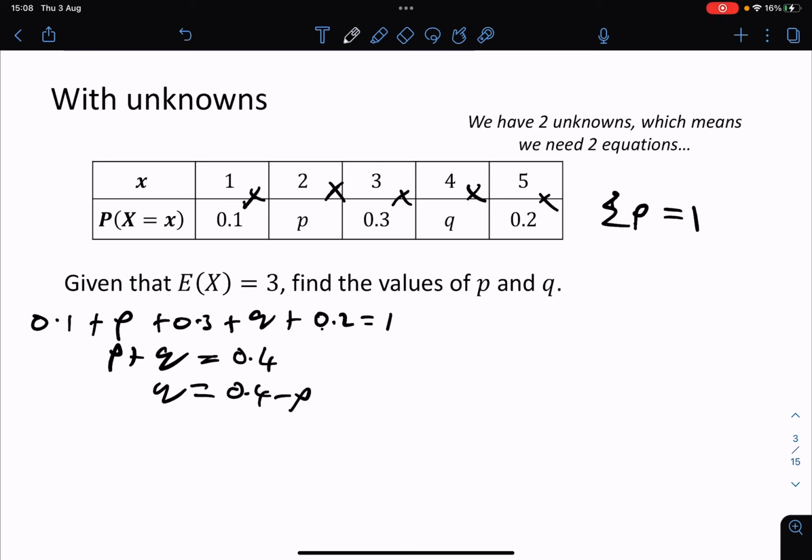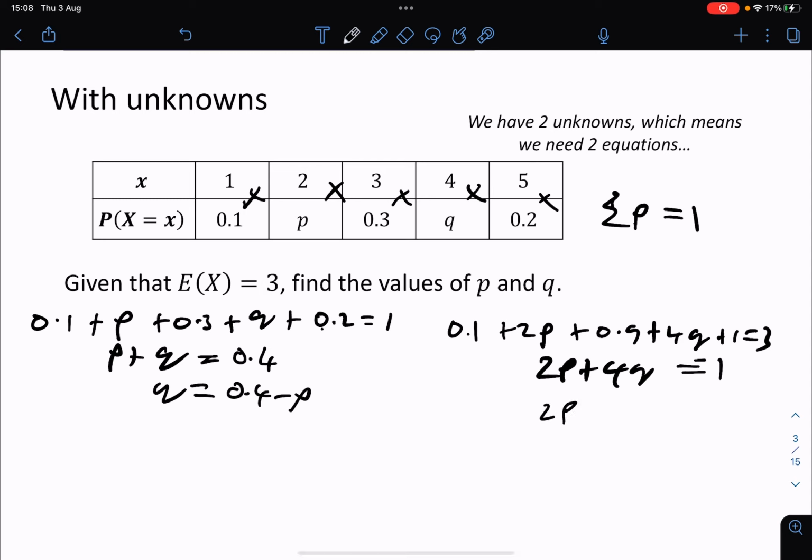And then using the fact that E of x is equal to 3, all we need to do is 0.1, 2p, 0.9, plus 4q, plus 1 equals 3. So we've got 2p plus 4q is going to be equal to 1. Very useful. So we've got two equations that we can solve simultaneously. The best way to do this would be to just solve them straight.